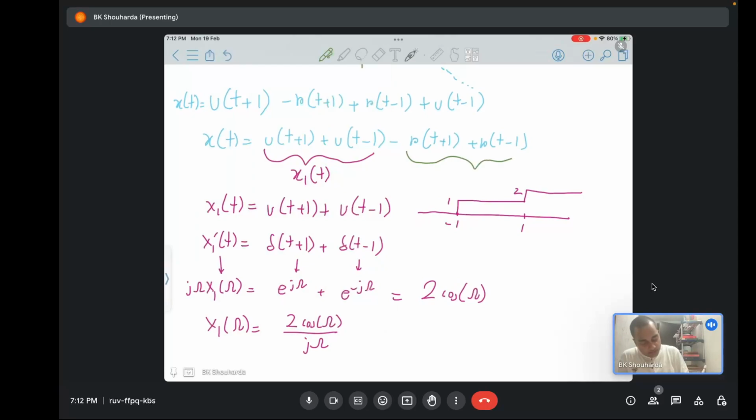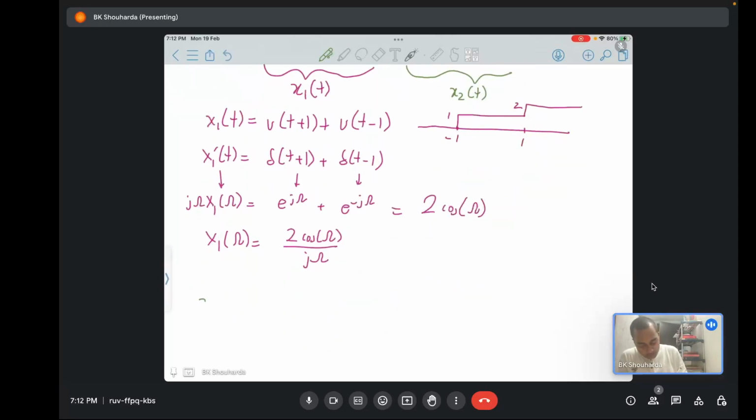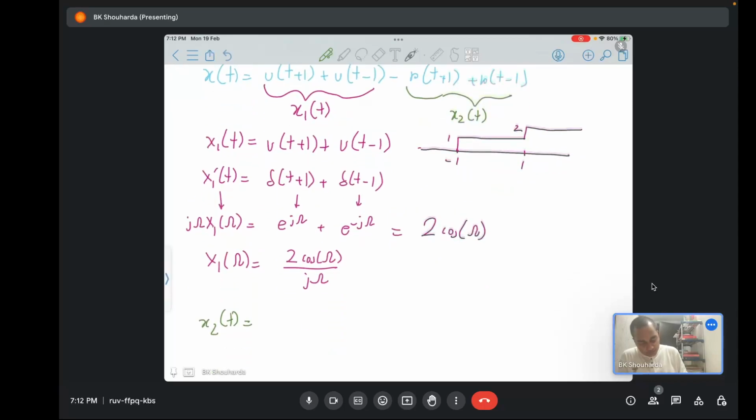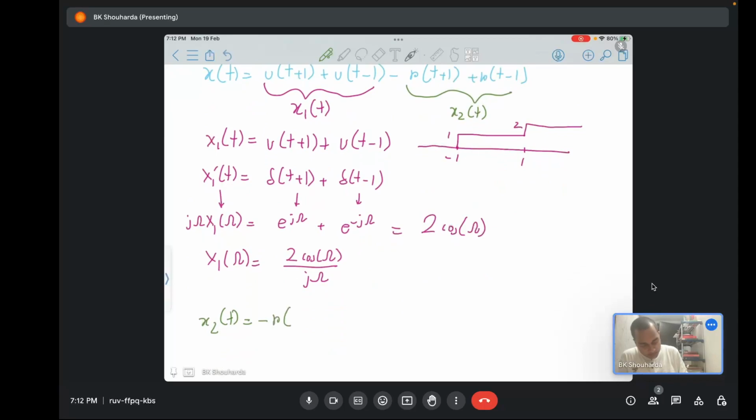Now let's look at the second part. x2(t) is minus r(t+1) plus r(t-1). How will it look?